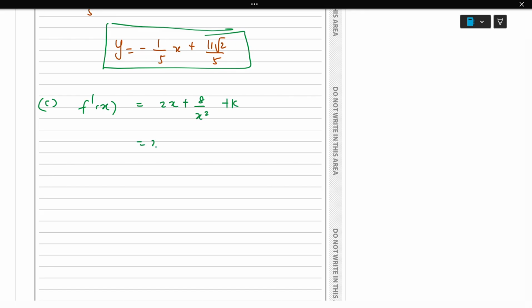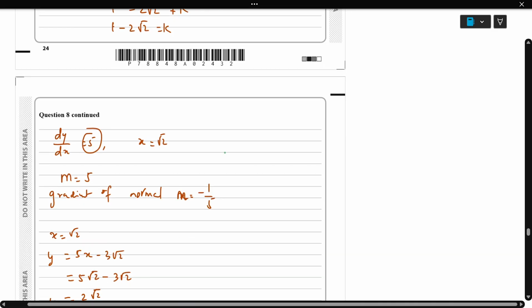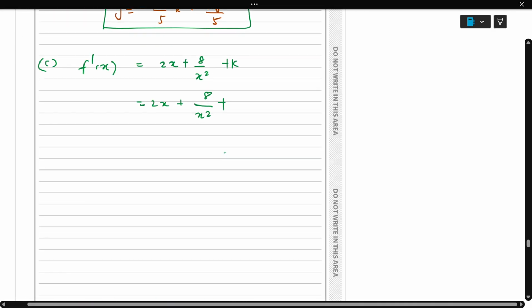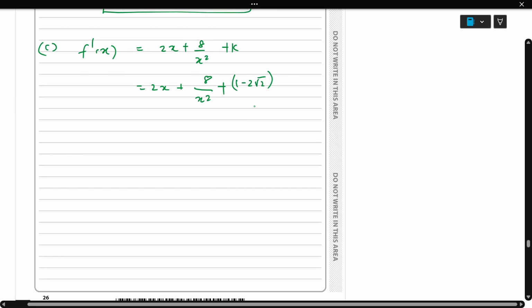Now we already found the k value, which is 1 minus 2 root 2. We'll plug in here 1 minus 2 root 2. This is all constant term here. So this is our f dash of x.